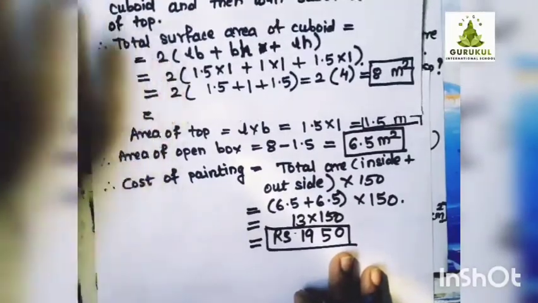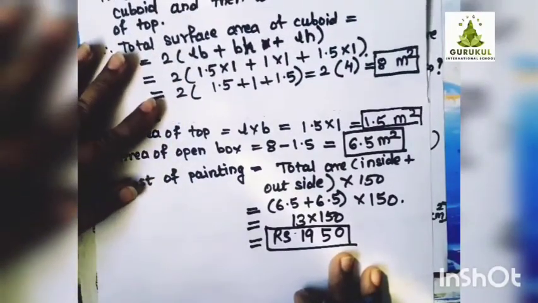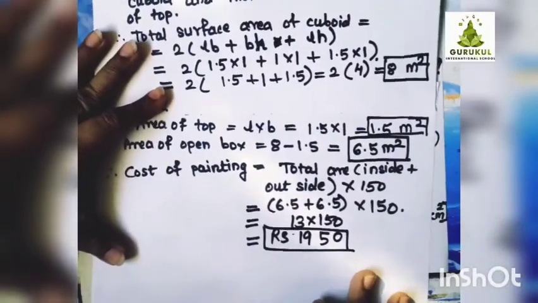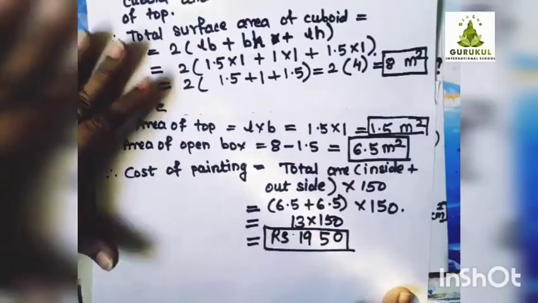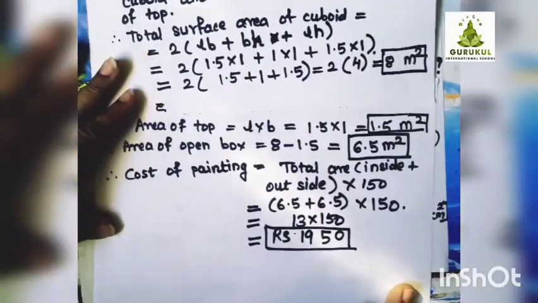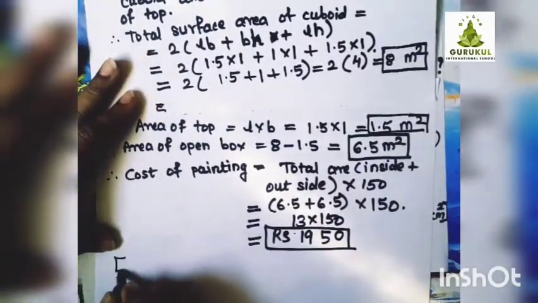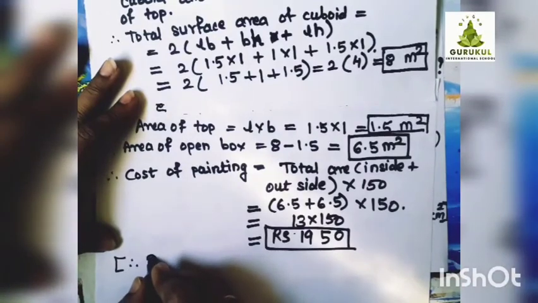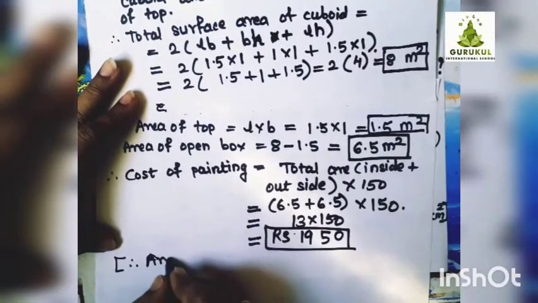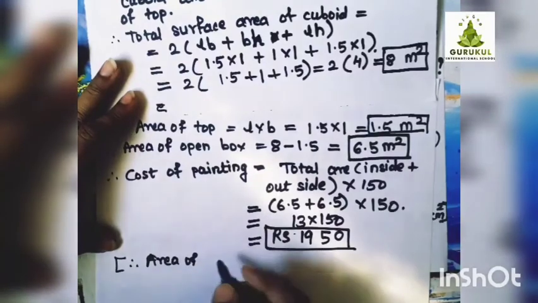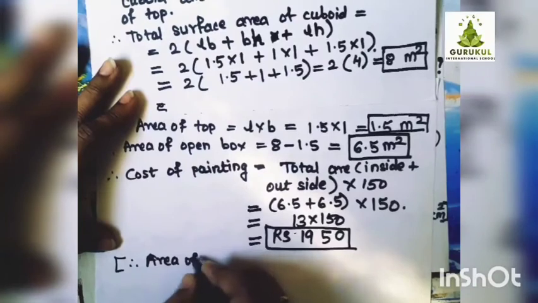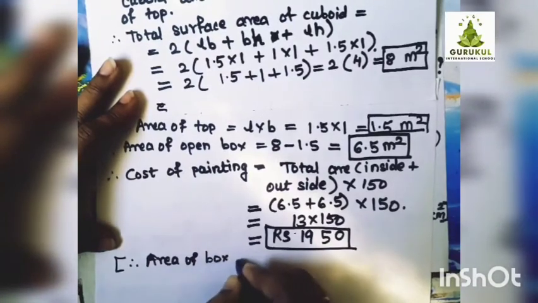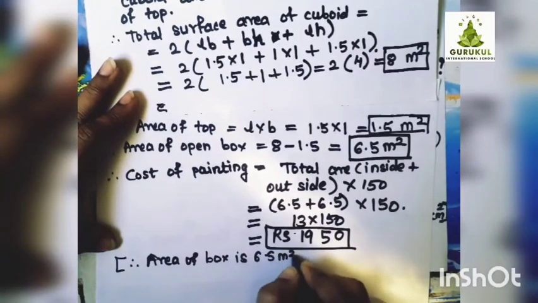I repeat, whenever you solve this sum, you have to shift this, or see the video and copy it down, because on one screen it is not possible to show the full sum. Correct? Final answer, therefore the area of the open box is 6.5 meters square.